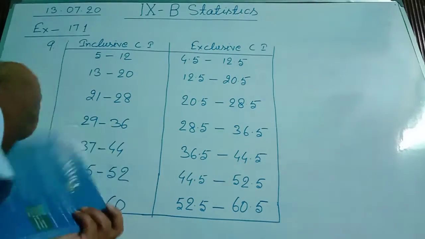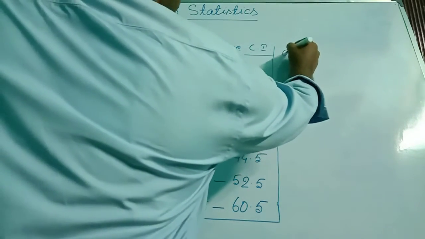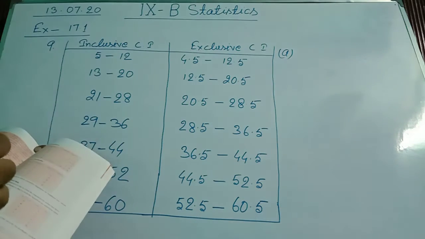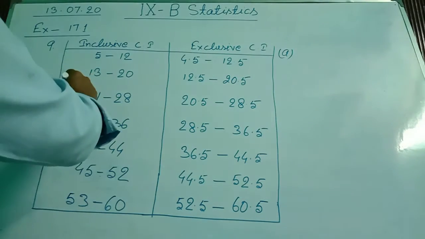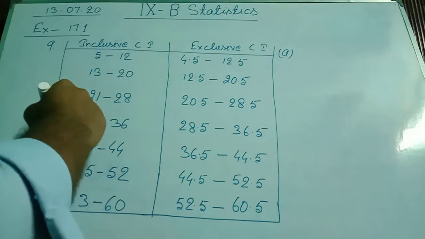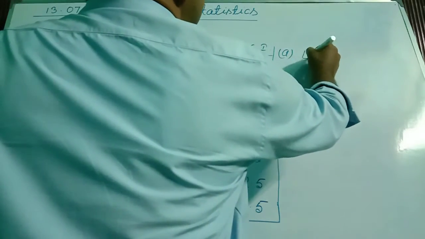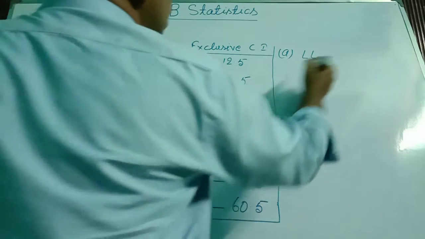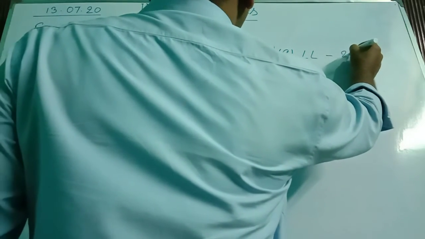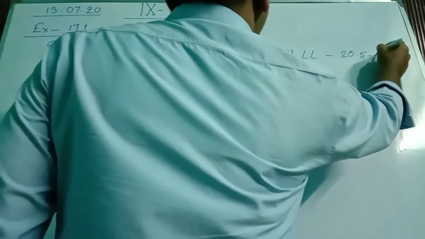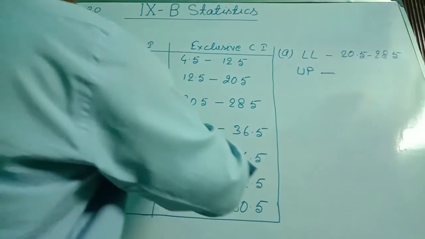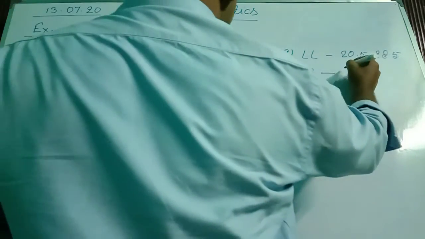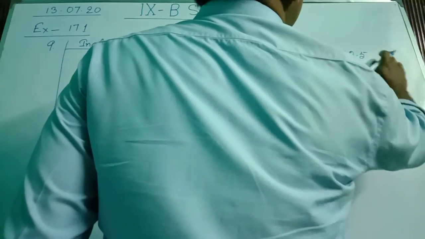This is question number A. You are asked the class limits and class boundaries of 21 to 28. Two things: class limit means you will write lower limit, that is 20.5. Sorry, here you write only the lower limit, not the upper limit.